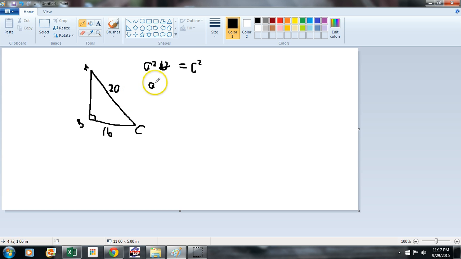I'm not going to work it out to completion because my handwriting is so bad. Then I have a squared plus 16 squared equals 20 squared. So a then equals, we work all this out, 12. So this side ends up being 12.